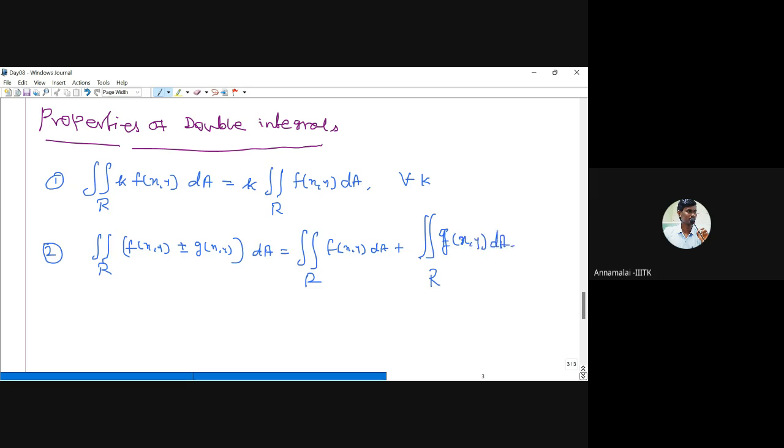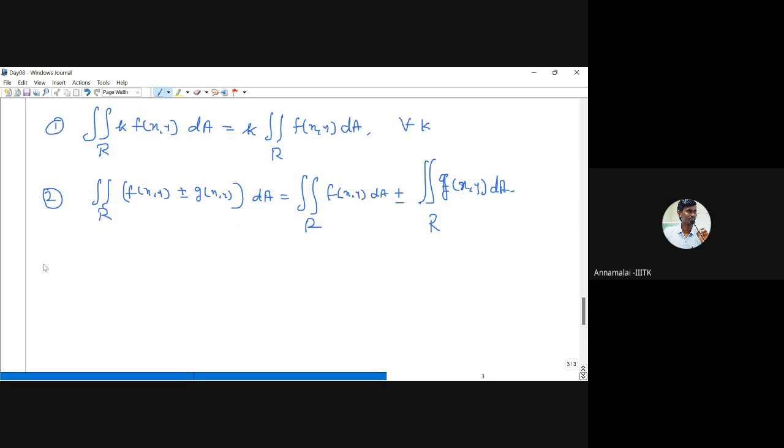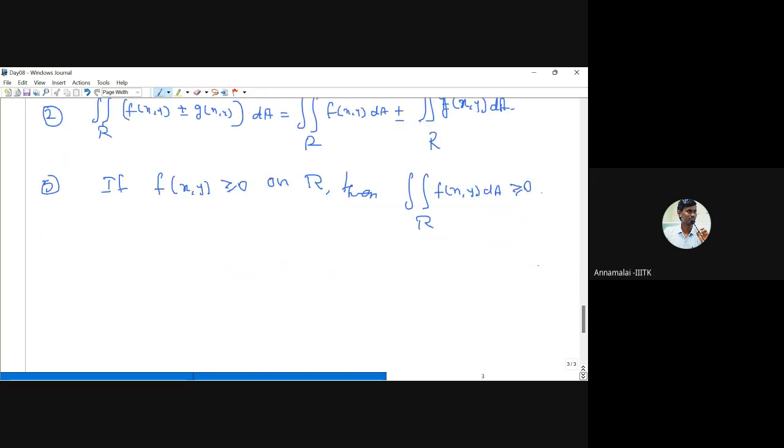Now the third one: suppose f of x comma y is greater than or equal to 0 in the entire region R. Then the double integral is also greater than or equal to 0. That is the third property.